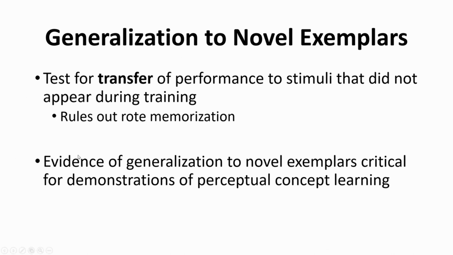So this evidence of generalization to novel exemplars is critical for demonstrations of perceptual concept learning, because it's telling us that there must have been some kind of concept, some kind of category and rule that allowed them to make that choice.